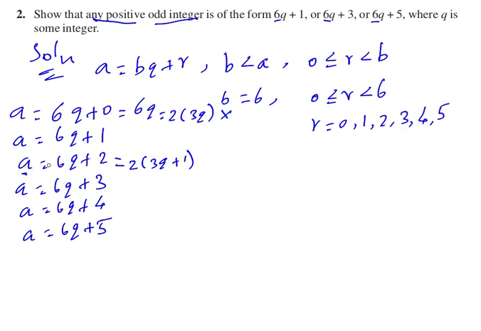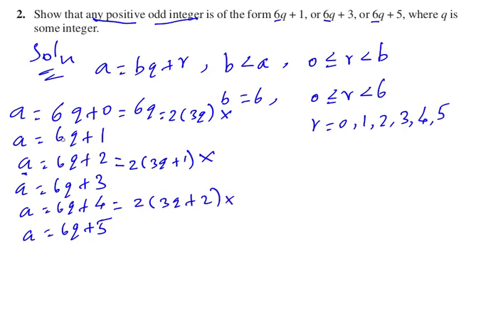So this a is an even number. So even number we don't need. In this case also, 6q plus r, here also we can take 2 common outside. So if we take 2 common outside, 3q plus 2. So the whole thing is multiples of 2. So definitely this is also an even number. So this also we can leave.